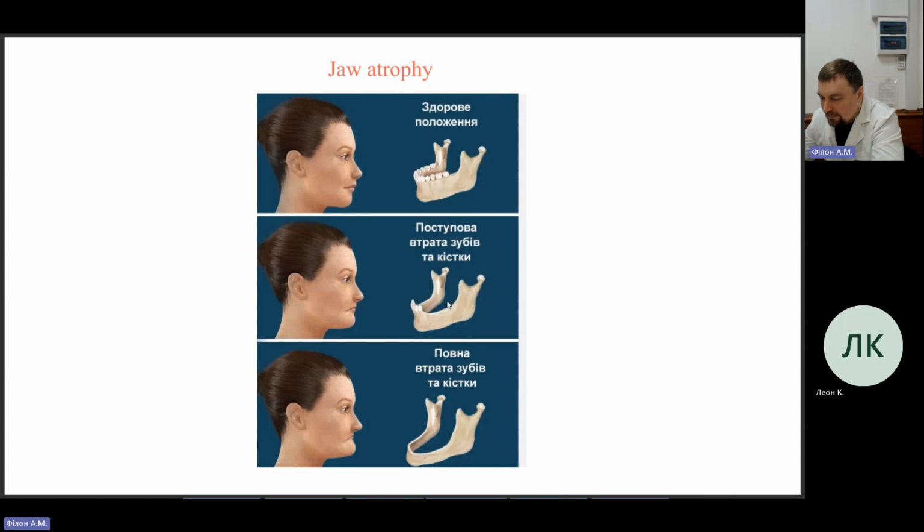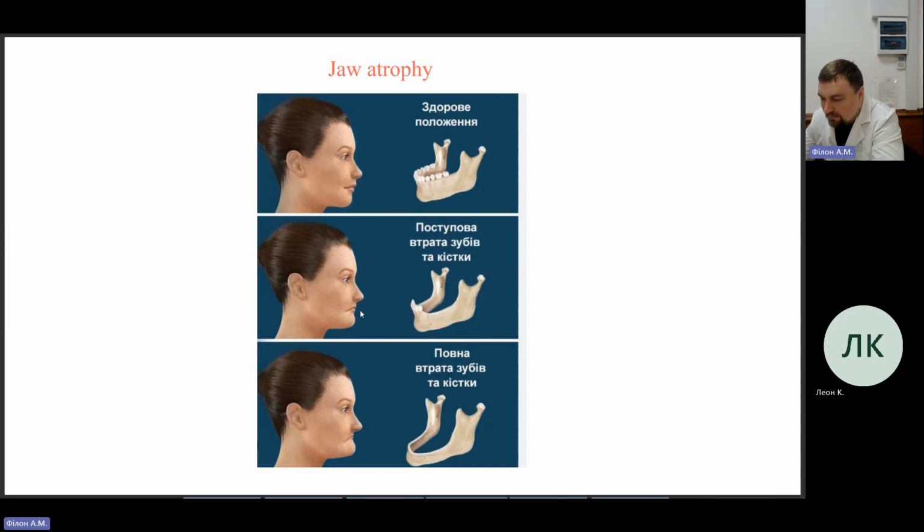See the difference between the first picture and the second one. That young lady already lost half of her teeth on the right side and the left side, molars and premolars on her lower jaw. She still has the front group of teeth, and I think she's using it for food and smile.